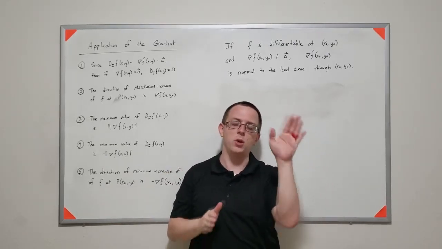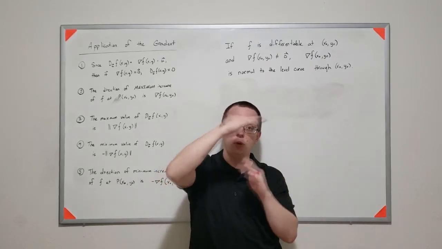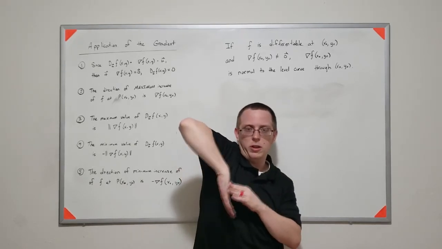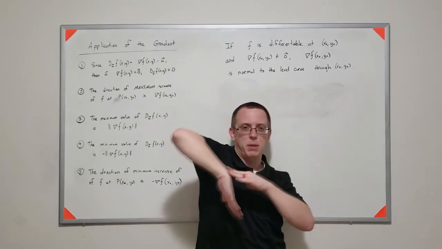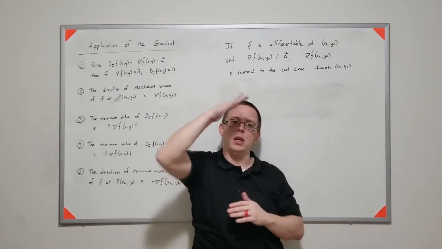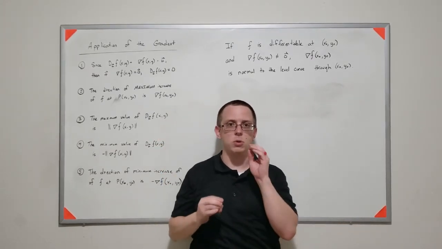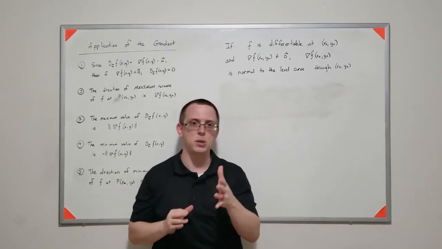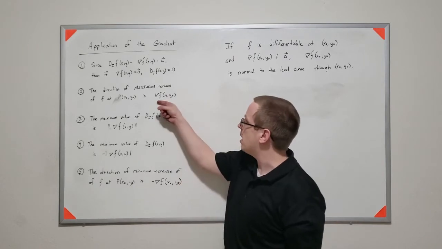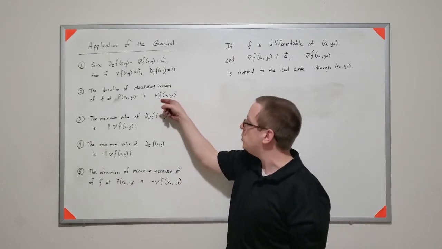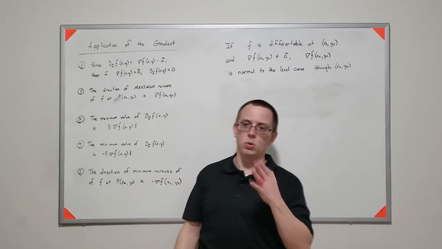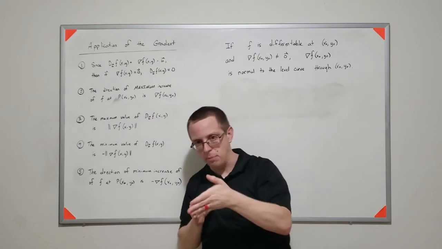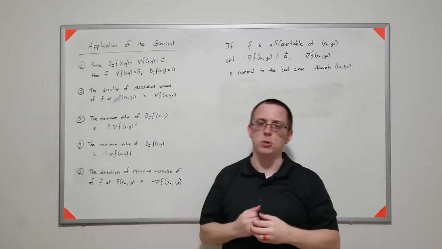But that cosine can only go from -1 to 1, so it maximizes when they're in exactly the same direction, and when they're in the exact opposite direction, it minimizes, kind of the wrong word, but it's the opposite of the value. So I want something in the direction of the gradient to maximize that directional derivative. So if you compute the actual gradient value at that point, that's the direction of maximal increase.